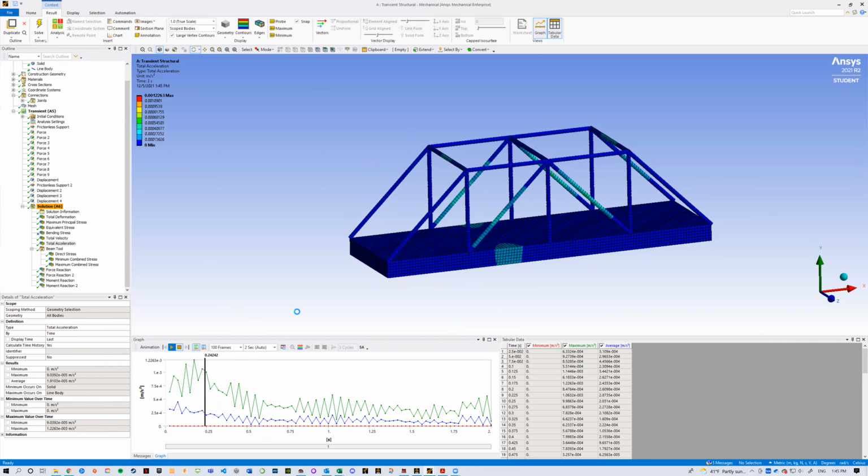Just give it a second to render. I mean, it's obviously still present, but inconsequential when it comes to the maximum stress, because as it stands, it's not even close to the yield strength of the bridge.